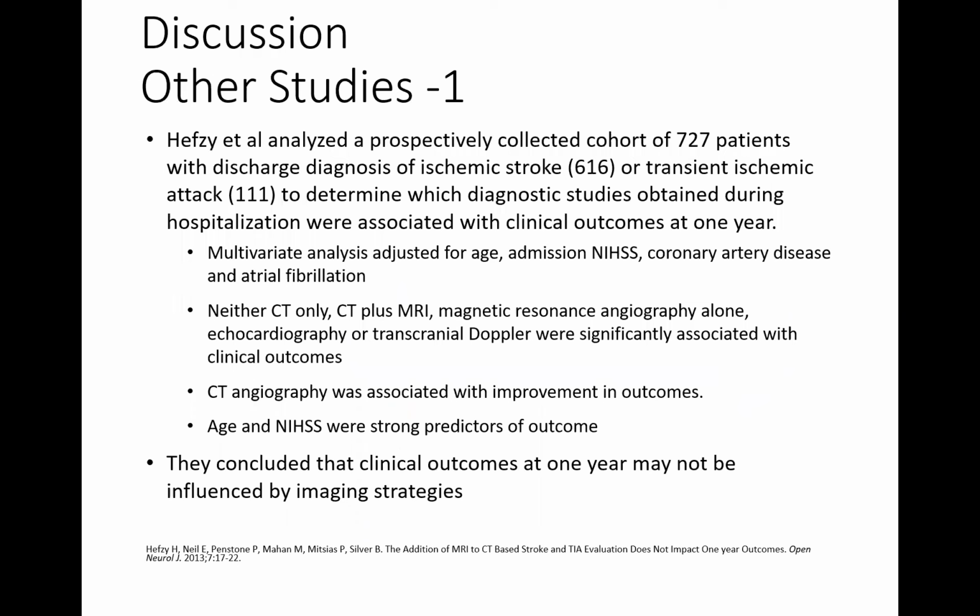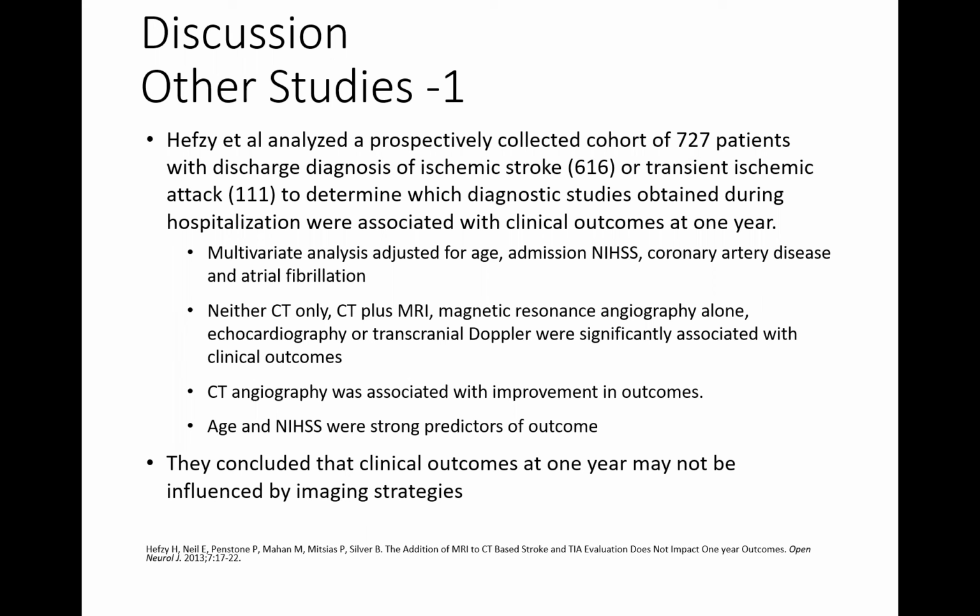So has anybody else ever done anything similar? Well, the answer is yes. This study back in 2013 looked at a large number of patients, and here they did the covariate adjustment, not the propensity score matching. They adjusted for age, admission NIH stroke scale, coronary artery disease, and atrial fibrillation. Then they looked to see if any imaging strategy correlated with outcome at 1 year.